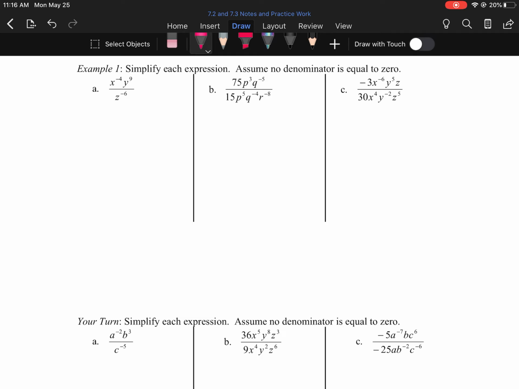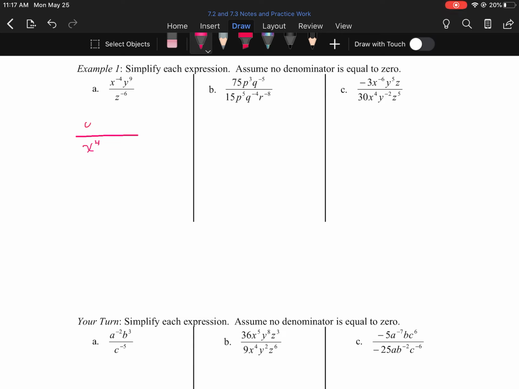Simplify each expression, assume no denominator is equal to 0. As soon as I see negative exponents, I automatically go ahead and put my fraction bar. And then I look at each variable individually. x to the negative 4th, well, it's in the numerator, but it's negative. So that means I need to move my x to the denominator, and that negative 4 becomes a positive 4. y to the 9th, that's positive, so I don't touch it.